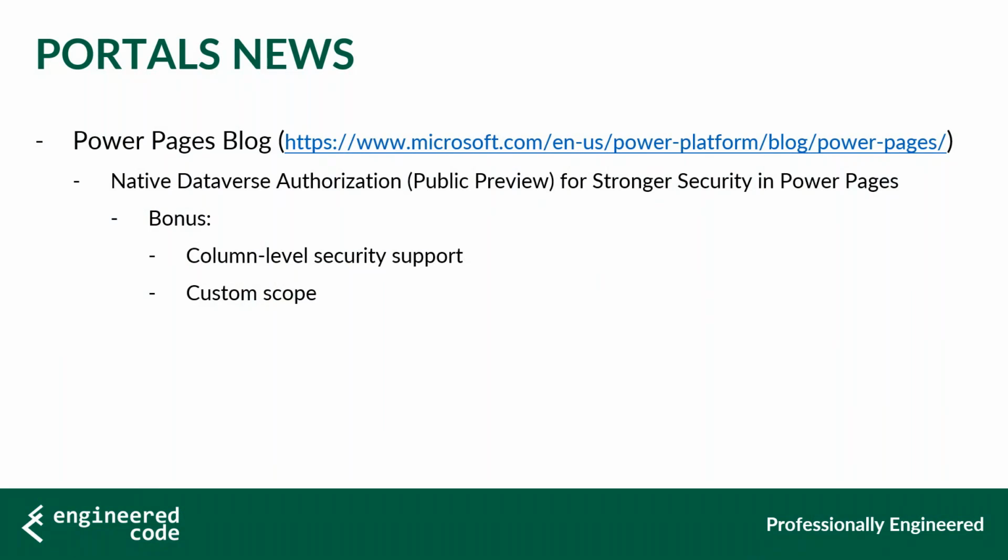But honestly, the big one, and this was the first I'd heard about it in the announcement, is this new custom scope permission, which sounds like the ability to create permissions that are not based just on relationships. Again, that's traditionally how Power Pages has worked. It's all about how a contact has been related to another record, a yes or no, it's either related or not.